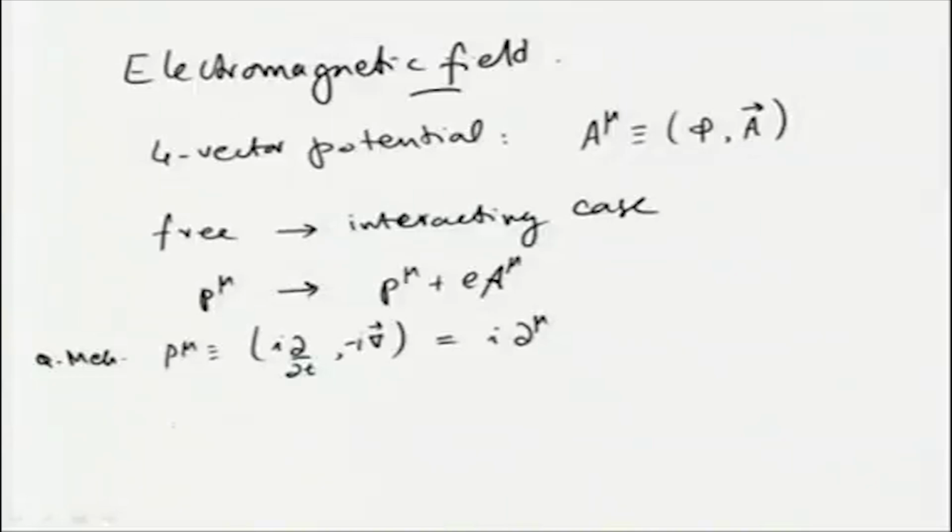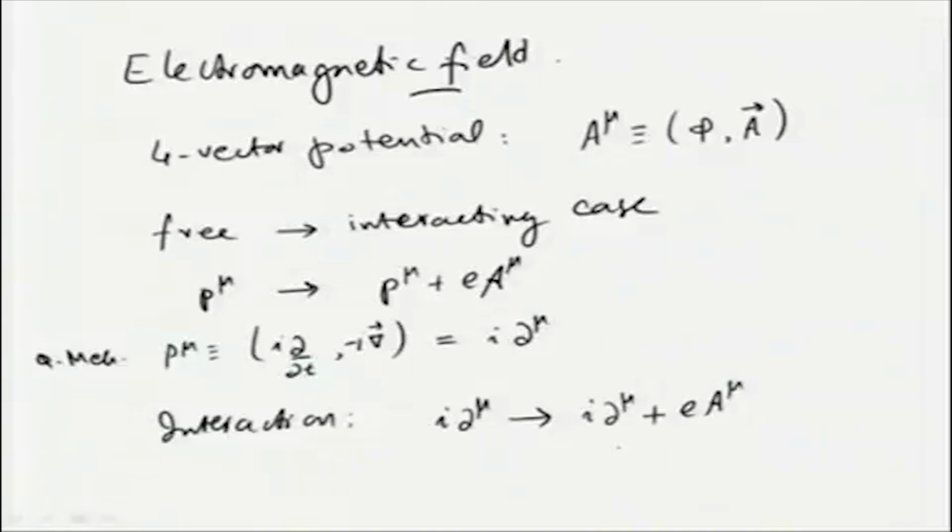And in the interacting picture, we have to take i del mu to i del mu plus e A mu, which corresponds to the momentum plus e times A mu. A mu is at this moment the electric field with the vector potential in the quantum picture corresponding to the electromagnetic field considered.